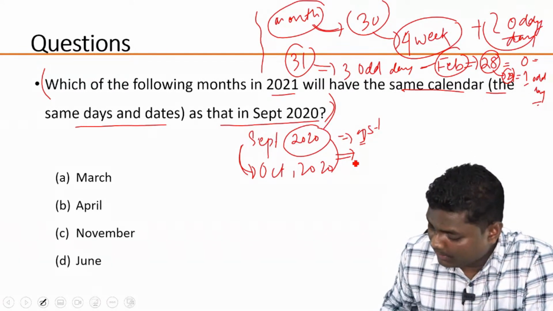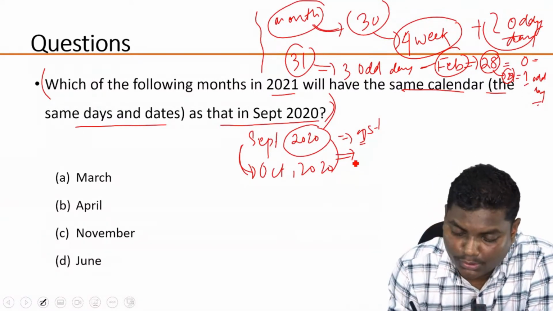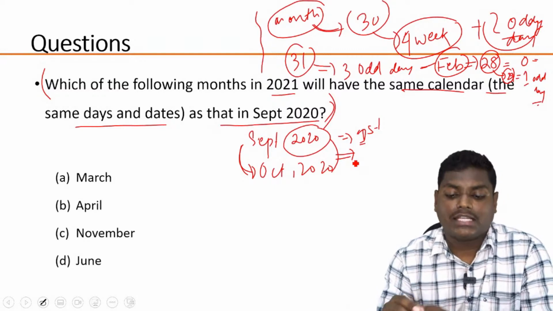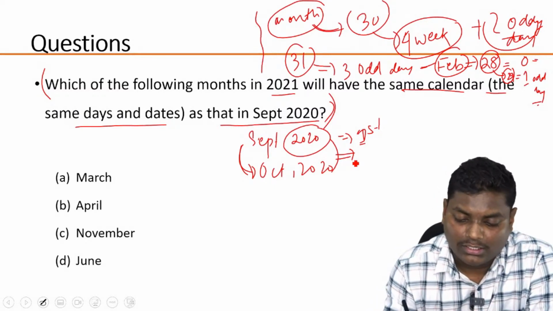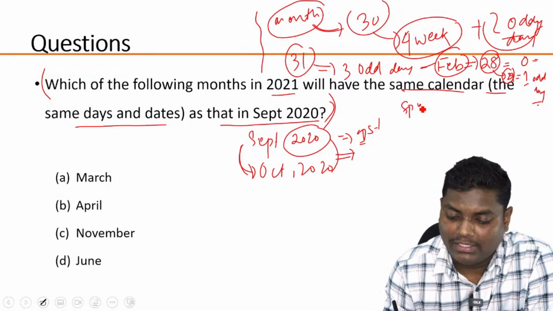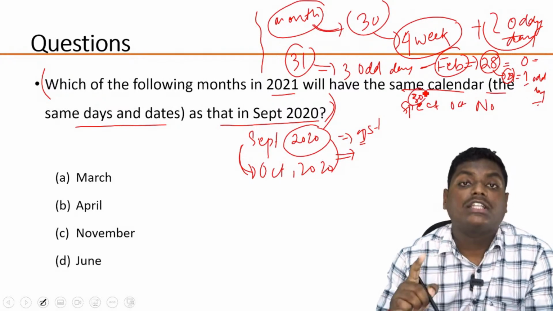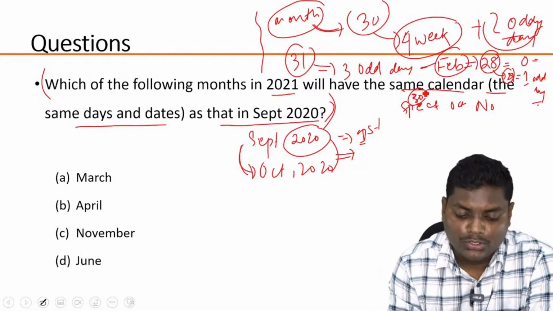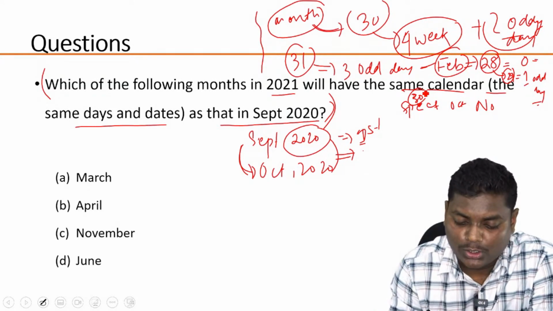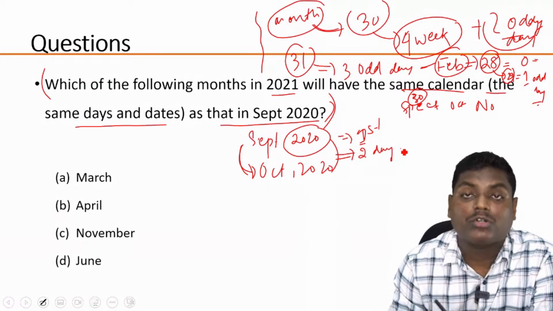September, October, November, these are having 30 days. So in the month of September we are having 30 days. How many extra days will we have? 2 extra days from September to October.